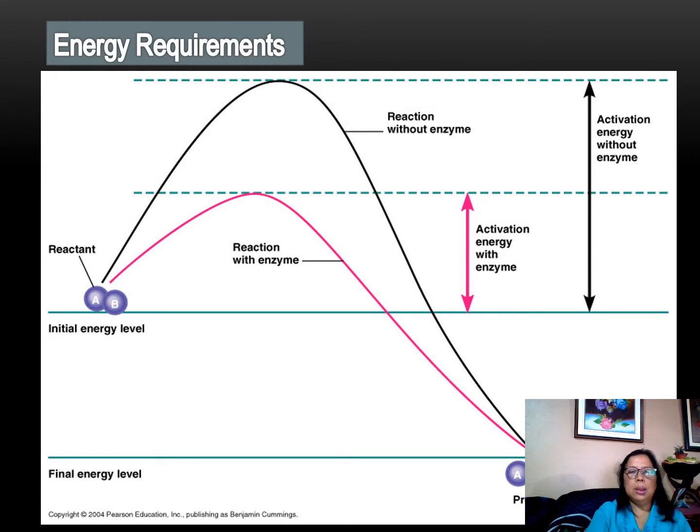In terms of energy requirement, for a reaction with enzyme, the activation energy could only be as big as this, but the activation energy without enzyme follows this line. So in terms of energy requirement, reactions with enzymes are more efficient than those without enzymes.